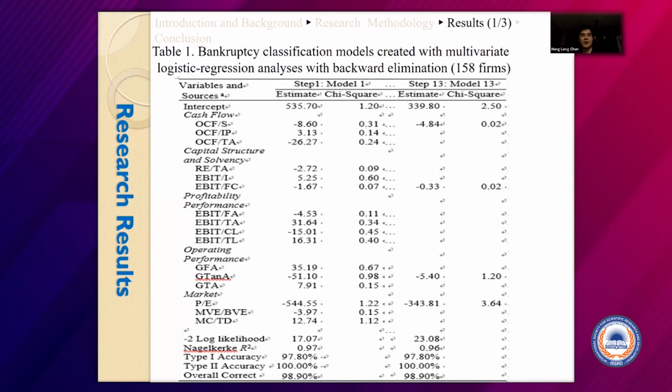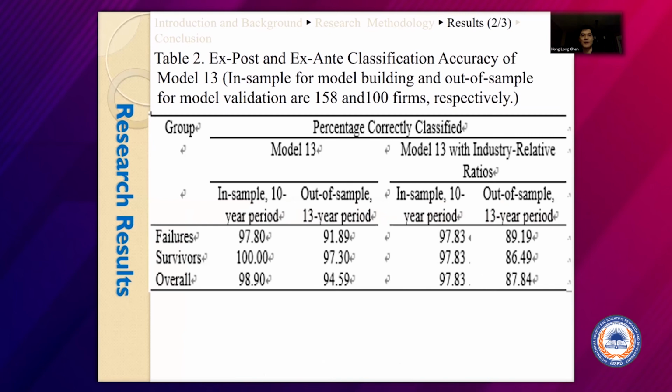Table 2 shows ex post and ex ante classification accuracy of model 13, in-sample for model building and out-of-sample for model validation, with 158 and 100 firms respectively. As you can see right here, this is our model. In-sample is a 10-year period.